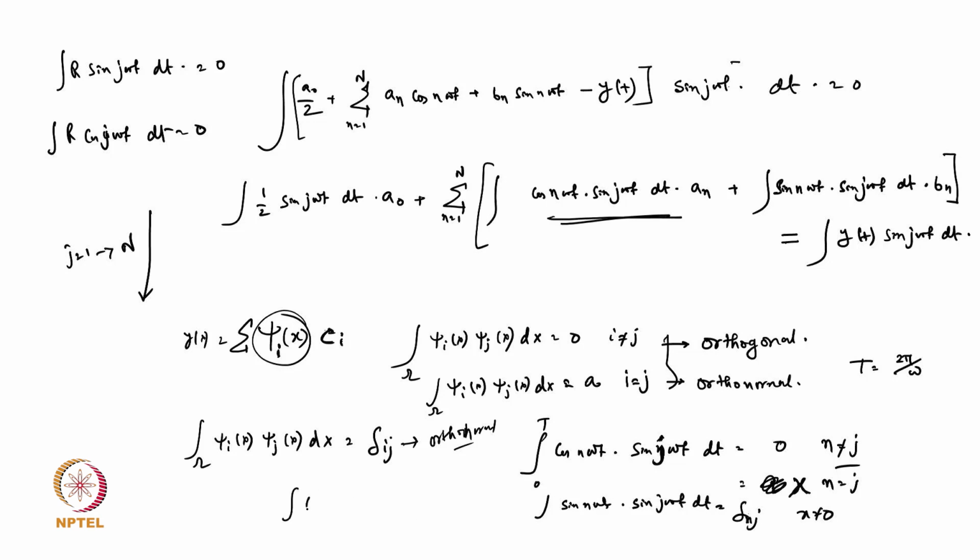And if you do cos n omega t into cos j omega t dt from 0 to T, that will also be Dirac delta nj. All three combinations are giving Dirac delta nj, except the first one, which is always 0. So cos and sin never gives any value. The other two cases give Dirac delta, because once they are equal, it will be 1, otherwise it will be 0.